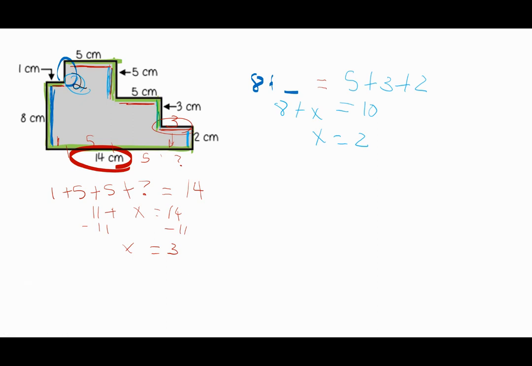Okay, now we're going to add up all of our sides. We're going to start at our 14 and go around. I like to go clockwise just to keep track of what's going on.